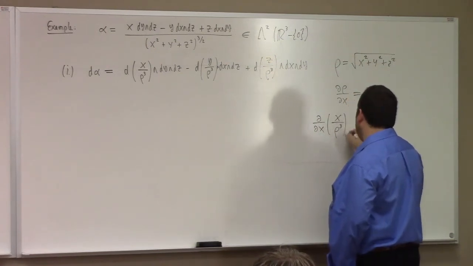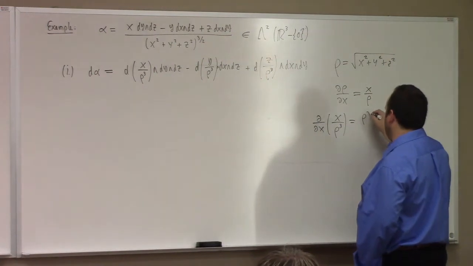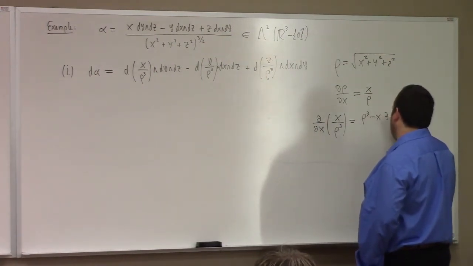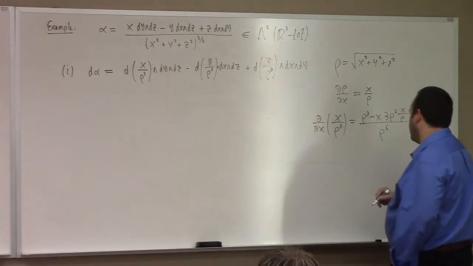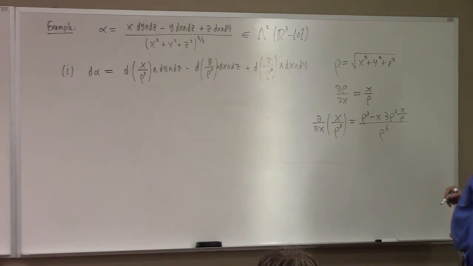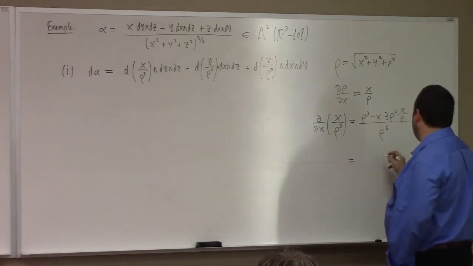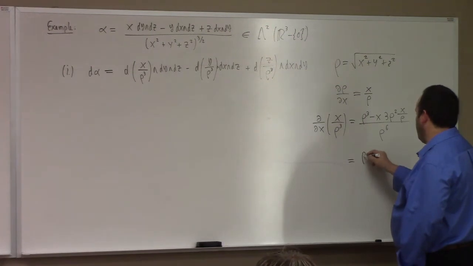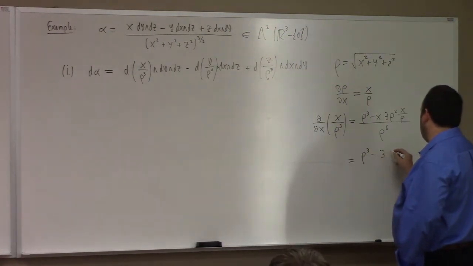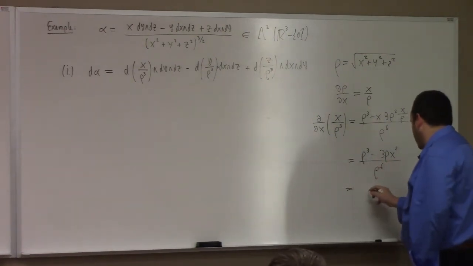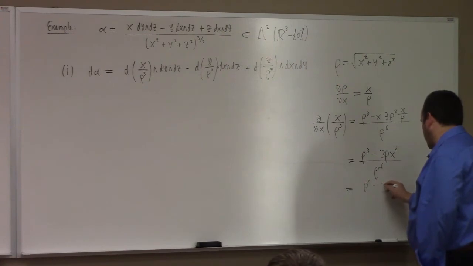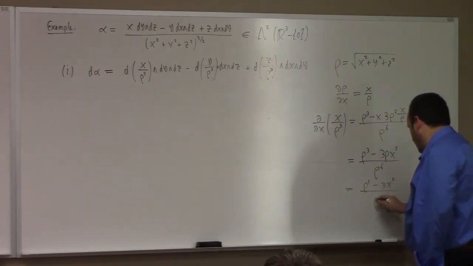So if I think about partial x of x over rho cubed, what does that give me? That gives me rho cubed minus x times 3 rho squared times x over rho, divided by rho to the 6th, by the quotient rule, which simplifies to rho cubed minus 3 rho x squared, divided by rho to the 6th, which is actually rho squared minus 3x squared divided by rho to the 5th.